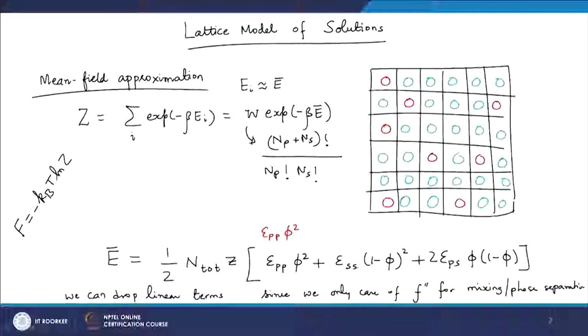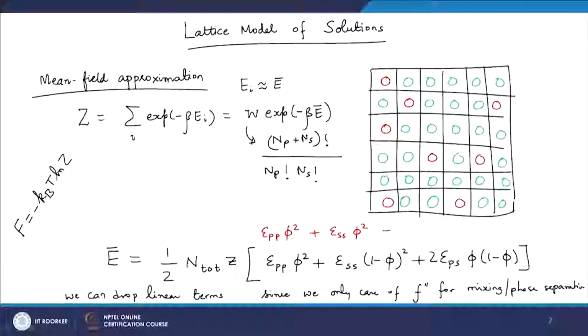In the second term, there is epsilon_SS phi square, and then we have two more terms which are of lower order, they will be ignored. Similarly, in the last term, we have 2 epsilon_PS phi square, and we also have a 2 epsilon_PS phi, which is a linear term, and we can ignore that. So, using this idea, I can get the expression for E bar.